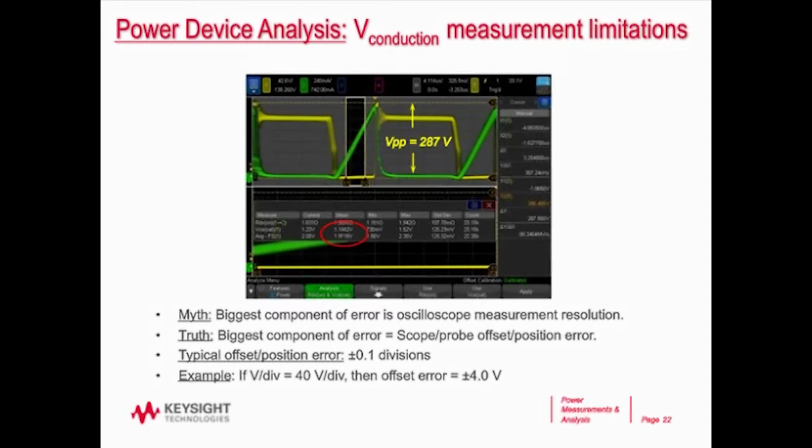Now, higher resolution is not bad, but that is not the highest component of error. The highest component of error is the scope or probe offset or position error. A typical specification for offset and position error on the scope and the probe is about 1/10 of a division, or somewhere around 1%.